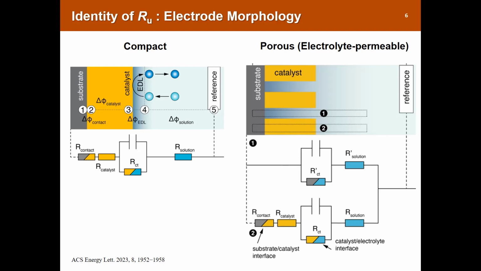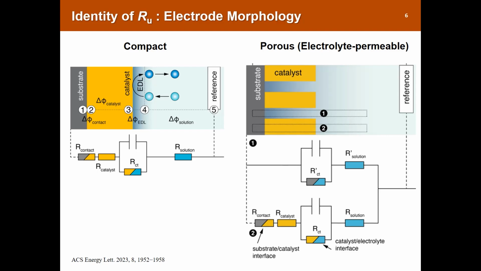If you are interested in turnover frequency, you are interested in the intrinsic catalytic activity per active site, and whether that bimetallic composition or doping helps lower the kinetic barrier for that electrochemical reaction only, excluding any electron transport through the catalyst layer. In that case, if you do the R compensation in the compact layer, you compensate all the electron transport resistance through the catalyst layer, and then you can better study the intrinsic catalytic activity of your bimetallic or doped material. Yeah, that makes sense.